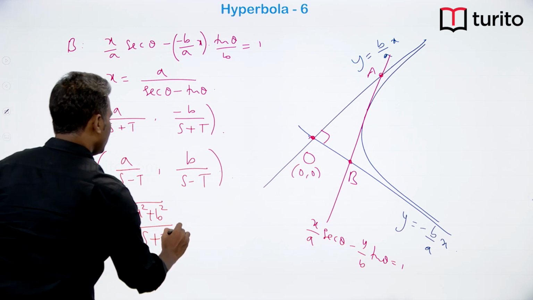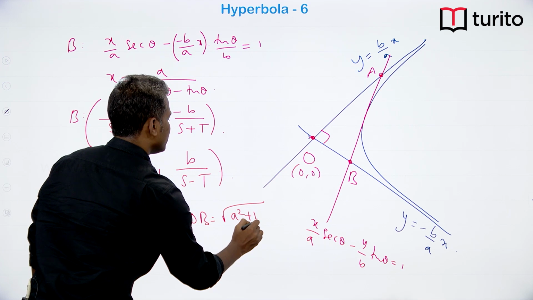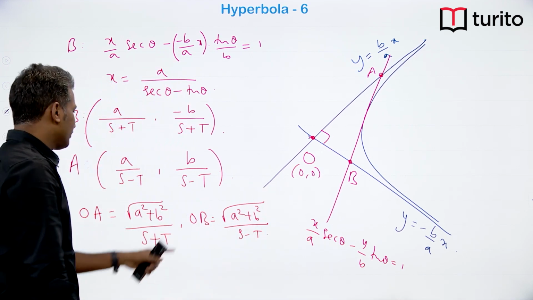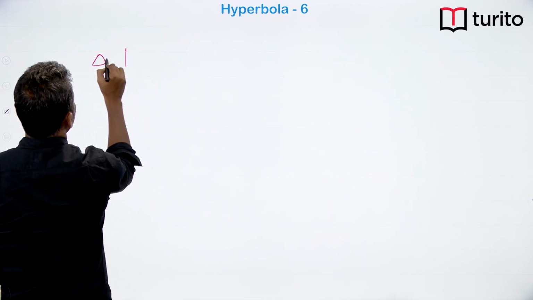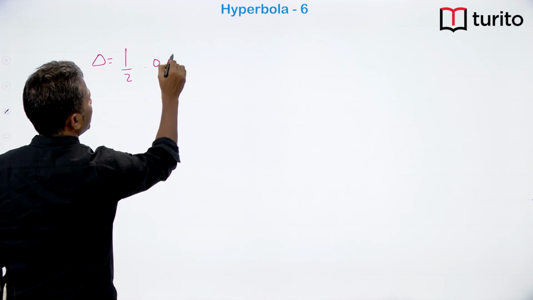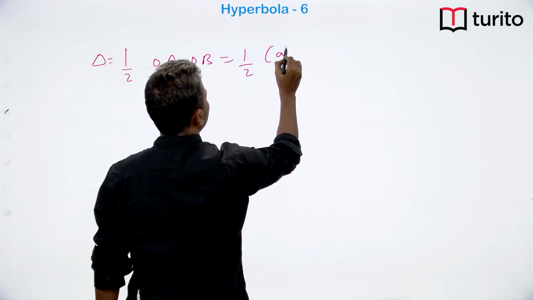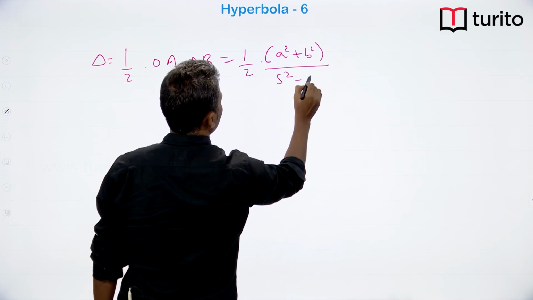Similarly, OB is going to be root of a square plus b square by s minus t. Now, if I find the area, area is going to be half into OA into OB, which is same as half into a square plus b square divided by s square minus t square.